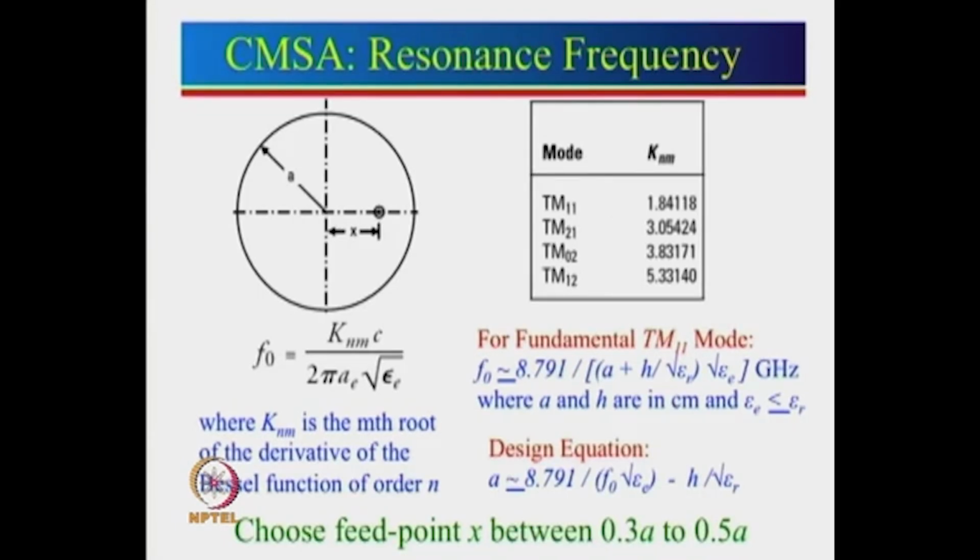So what happens is that these circular microstrip antennas will not radiate as efficiently as the rectangular microstrip antenna for the higher order harmonics. So sometimes circular microstrip antennas are preferable where we have that problem. However, in general, when we cut a ground plane, we always cut a patch, let us say, as a rectangular shape or a square shape.